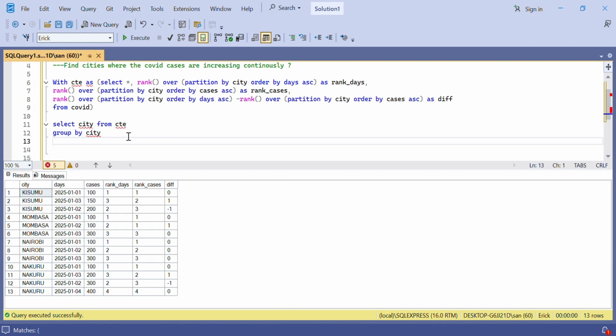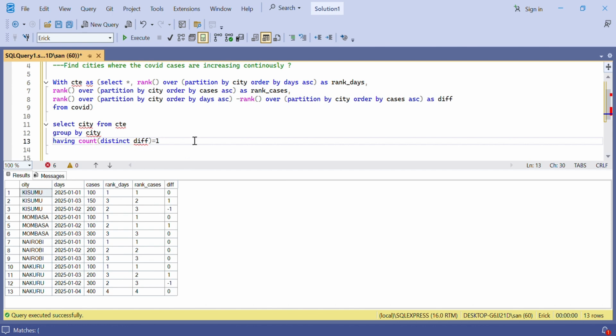Now we filter the city having the cases increasing continuously using this diff column, where I'm going to say having count distinct diff equals 1.